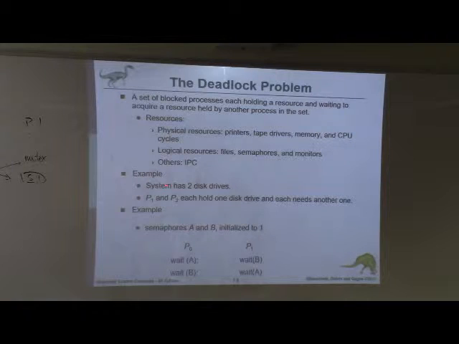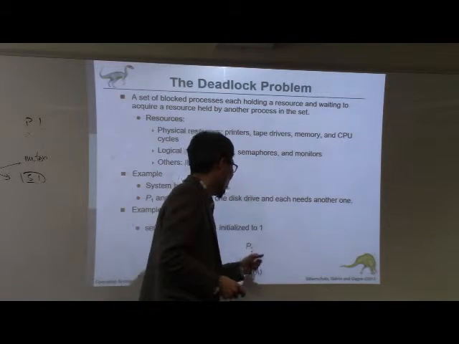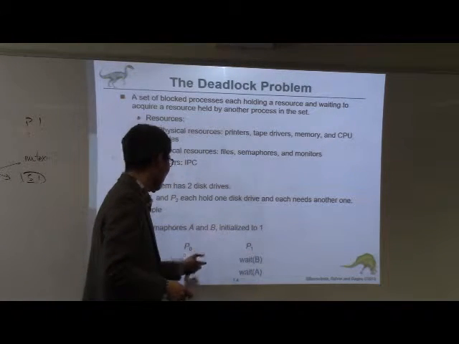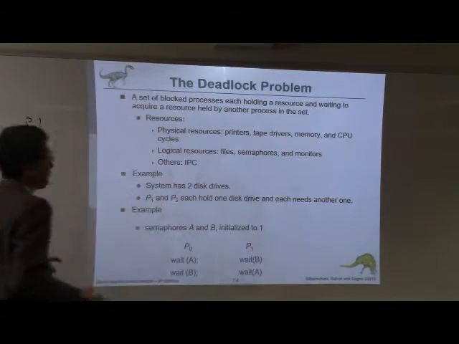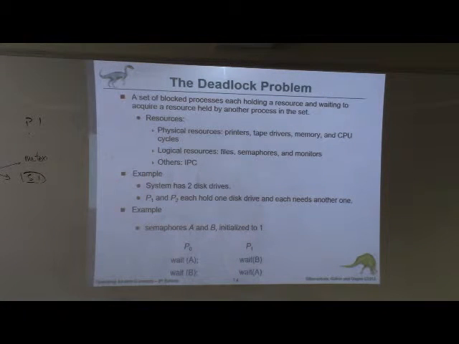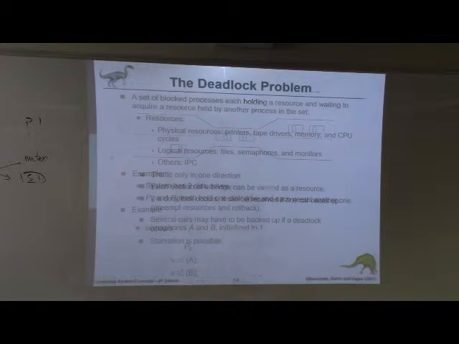There are two processes, P1 and P2, and each of them is holding one of the disks. Then, using a semaphore or mutex, A and B, wait A is getting the lock, and then wait B. What if after each process acquires the lock of A and B, they request the other one? Then that's called a deadlock, the event where nobody can proceed to the next step.